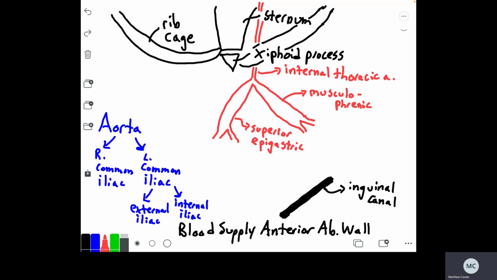So here's how it works. I'm going to draw a cut version of my external iliac artery. After that external iliac artery travels distal to the inguinal canal, it's now going to be called the femoral artery.